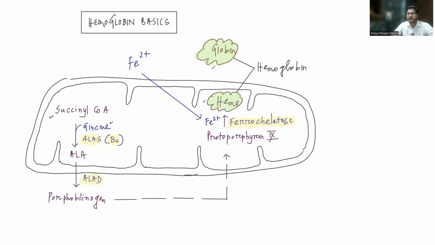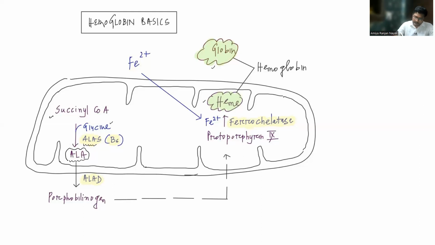The first step is catalyzed by the enzyme ALAS, that is ALA synthase. ALA is aminolevulinic acid. This enzyme will catalyze the reaction between succinyl-CoA and glycine, and it will produce aminolevulinic acid.